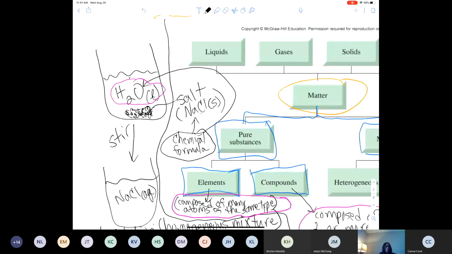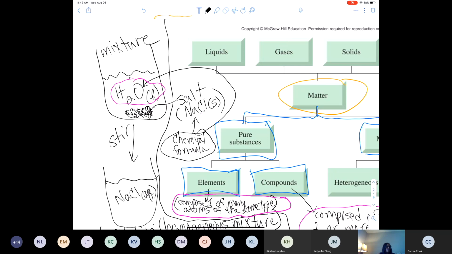The salt, sodium chloride, is a solid, hence the letter s next to it. And then, of course, like we've done many times, if I stir this mixture with a spoon, and note that, yes, this is a mixture. At this point, I have two different components, water and salt.